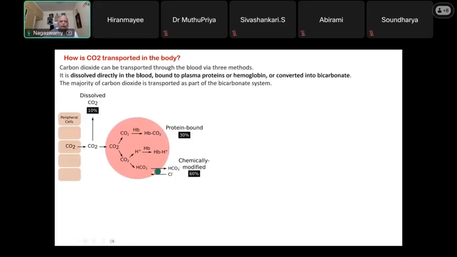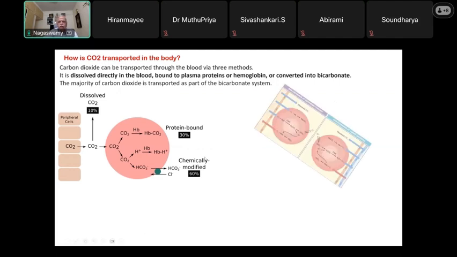So it is transported by 3 methods: dissolved directly in the blood, bound to plasma proteins or hemoglobin, and converted into bicarbonate. Bicarbonate, chemically modified, is the maximum. Protein bound is only 30%. Dissolved directly into the plasma is 10%.